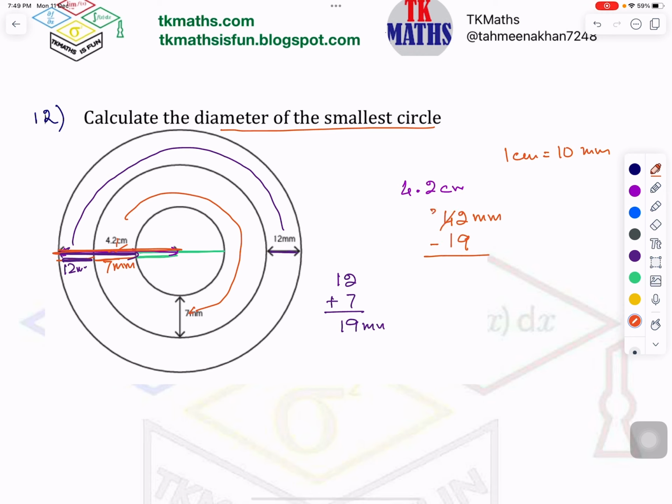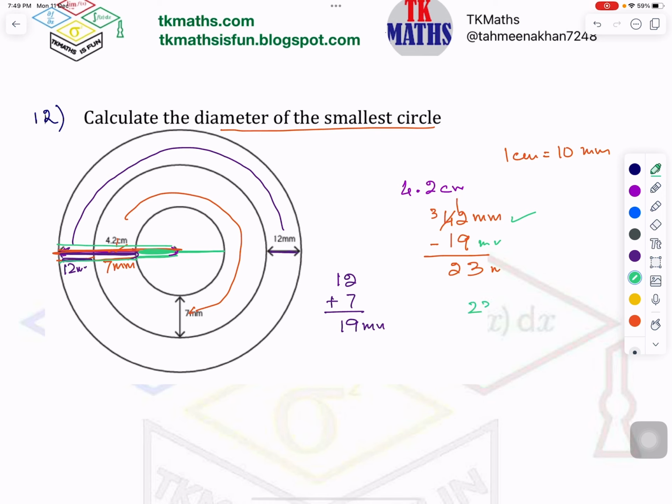So what will it be? 23, right? So 23 millimeter is this green portion, this one, right? Because the total was 4.2 centimeter, which is equal to 42 millimeter, and I'm subtracting 12 and 7 from it, which is 19 millimeter. So I got the radius 23 millimeter.